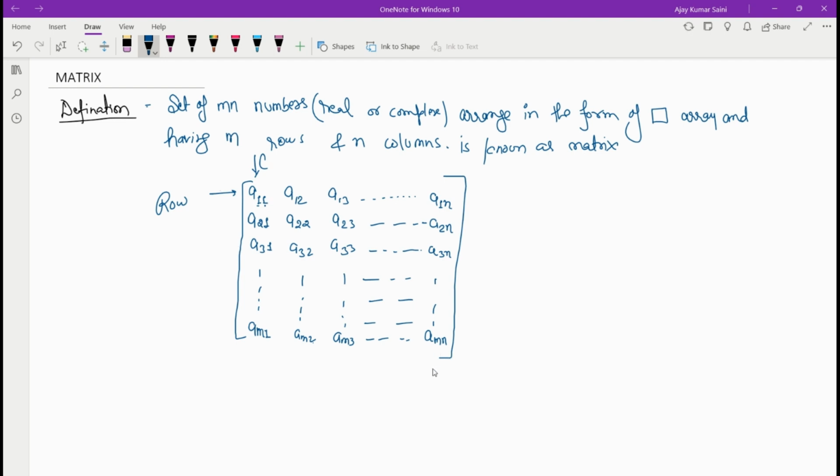So it is a matrix form of order m by n. I hope you know these things.